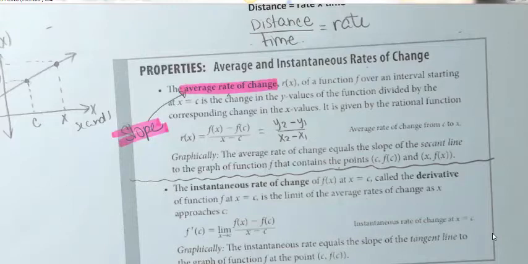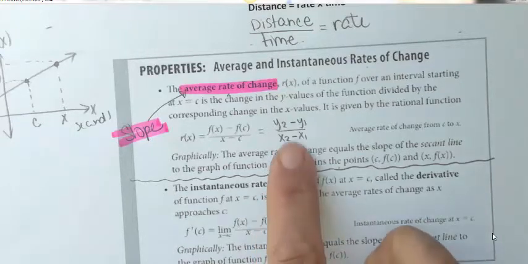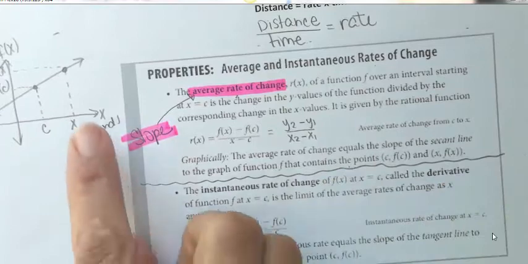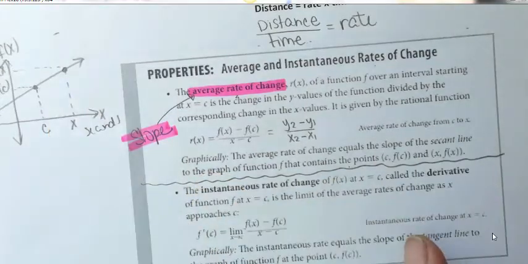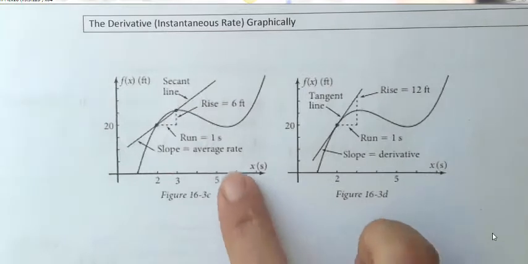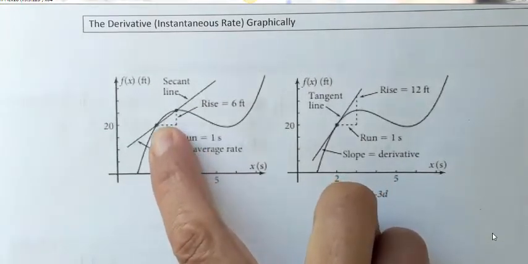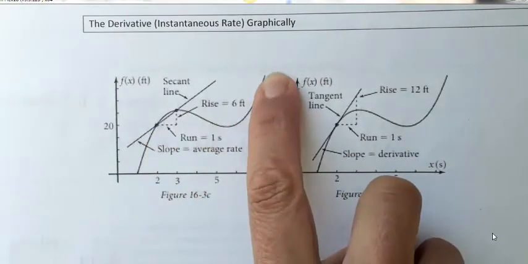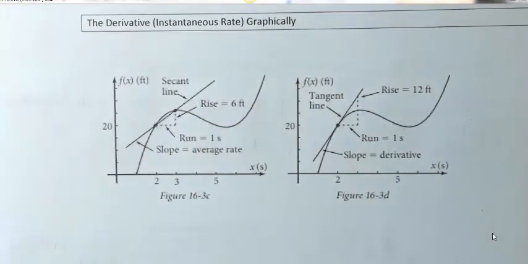Okay, now in a function, this slope, well, I should say functions are not always linear, right? So let's turn the page over. We'll come back to that other page, but so in this curved function, it's not going to be so easy to just find the slope and have it actually be the rate of change over a certain specific amount of time.